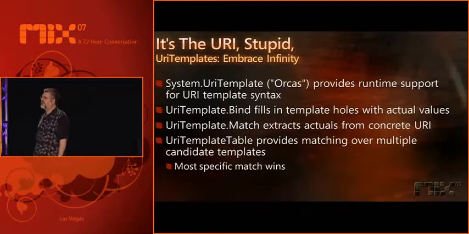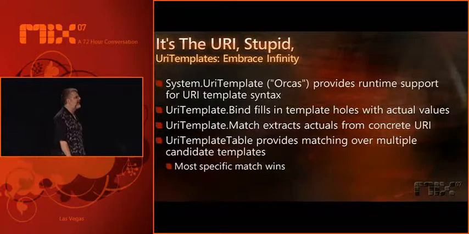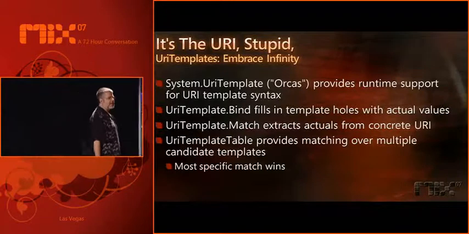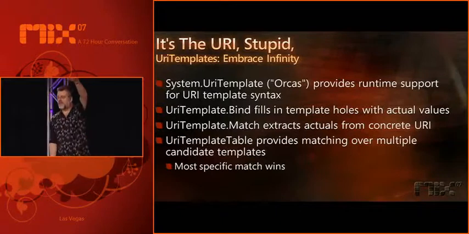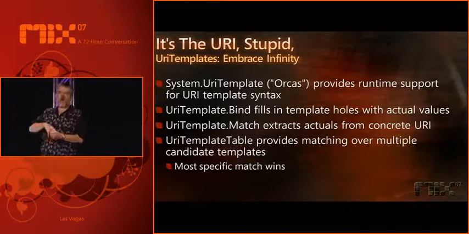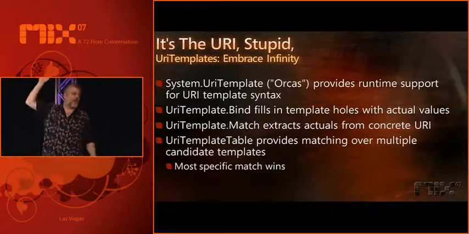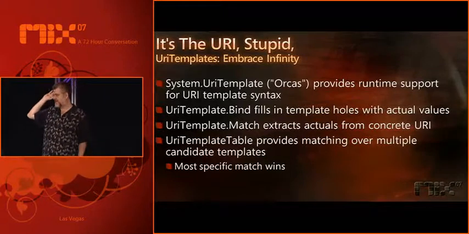There's another piece of machinery we built in Orcas called UriTemplateTable. What UriTemplateTable does is kind of the obvious thing. It takes a collection of URI templates, that is, here are all of the templates for all of the URIs I care about in my service.